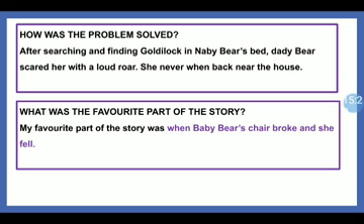Well, after searching and finding Goldilocks in Baby Bear's bed, Daddy Bear scared her with a loud roar. She never went back near the house.